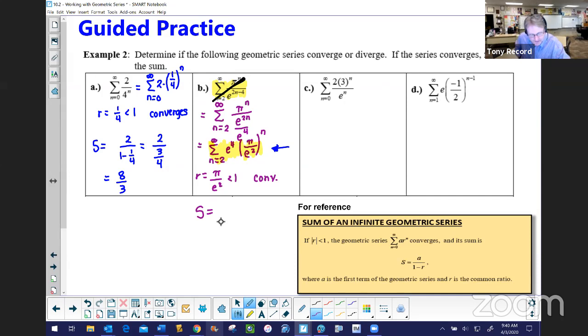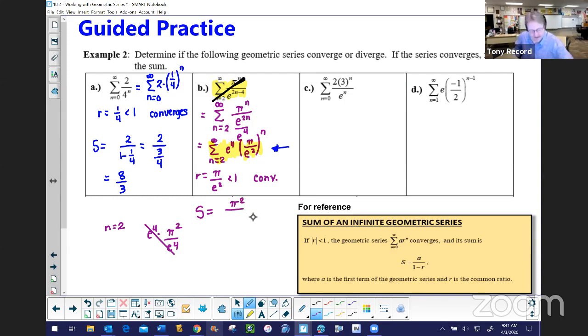If I let n be 2, my first term is going to be, e to the 4th times pi squared over e to the 4th. Those cancel and I get pi squared.